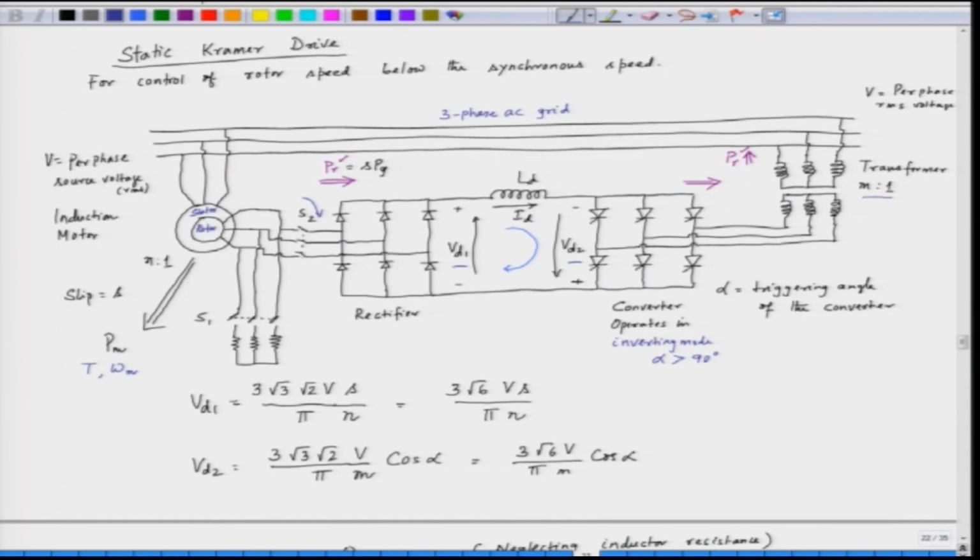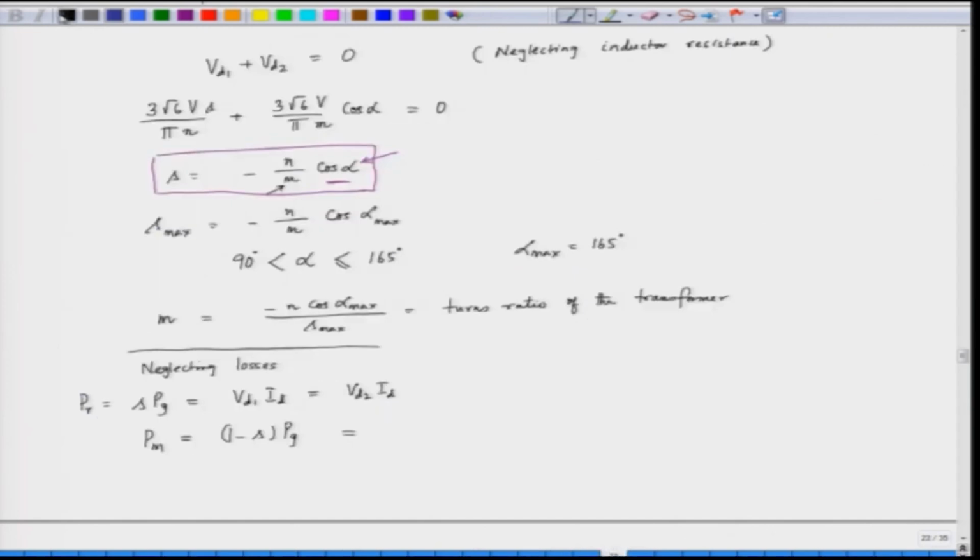So, the torque of the motor is T and the speed is omega m. So, P m is equal to torque into omega m, and that is equal to torque into omega m s, the synchronous speed, into 1 minus s. From this equation we can say that the torque is equal to P g divided by omega m s.